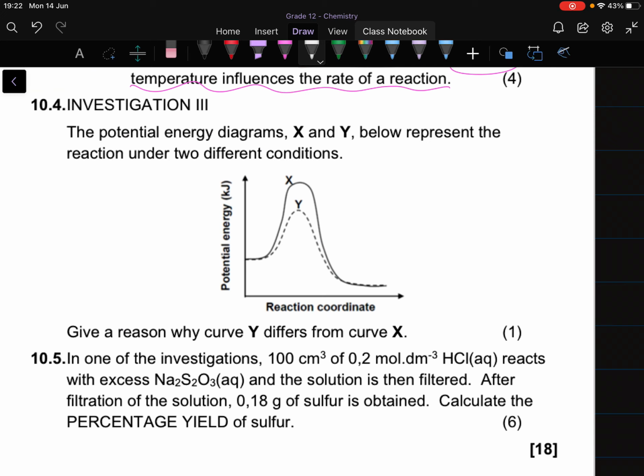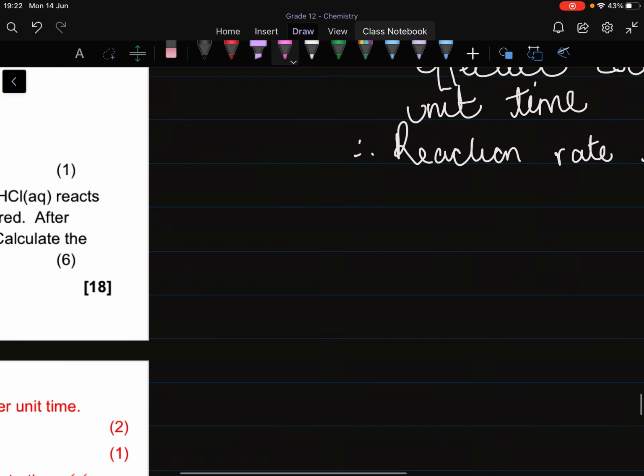Last question. The potential energy diagrams X and Y represent the reaction under two conditions. Give a reason why curve Y differs from curve X. Well, this is the curve we get when there's a catalyst.